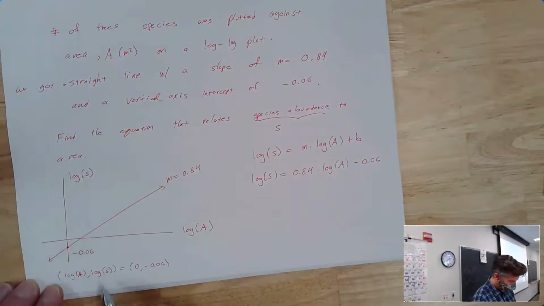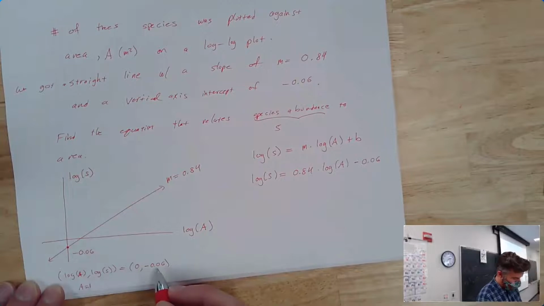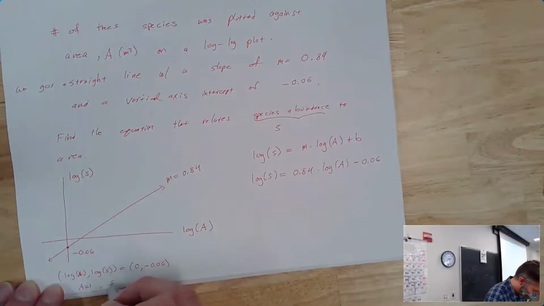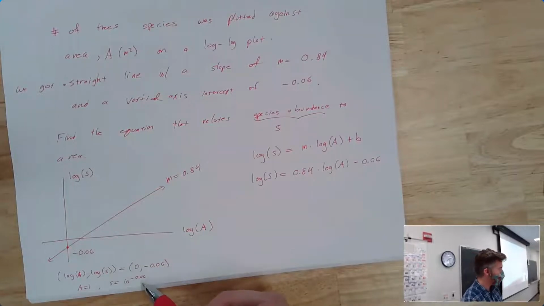If log of A equals 0, that means A equals 1. If log of S equals negative 0.06, it means S equals 10 to the negative 0.06. So you could say, okay, at 1 acre, there's this many species. That's the meaning behind it.